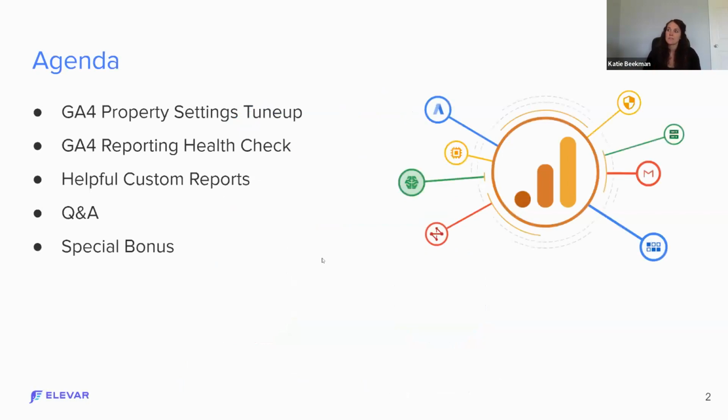Then I'll walk through a couple of custom reports that we like to set up for all of our clients and show you where you can create some custom reports of your own that would be helpful for your business. Then we'll dive into some Q&A, and then hopefully if we have time, I'll walk us through using an app script to migrate any universal analytics behavior events you have in GTM and move those over to GA4. So that you can start to collect all of that data in GA4.